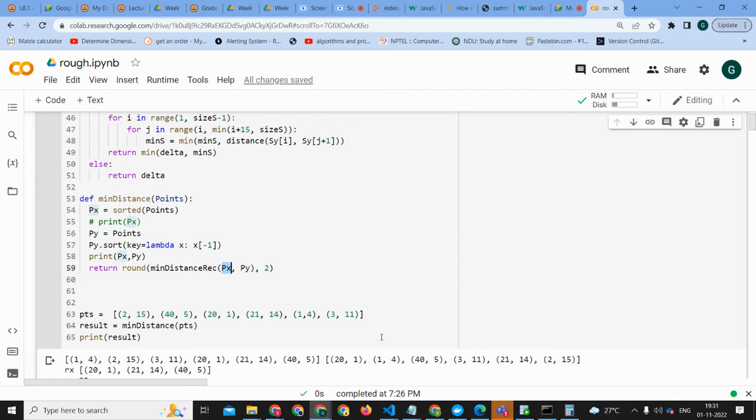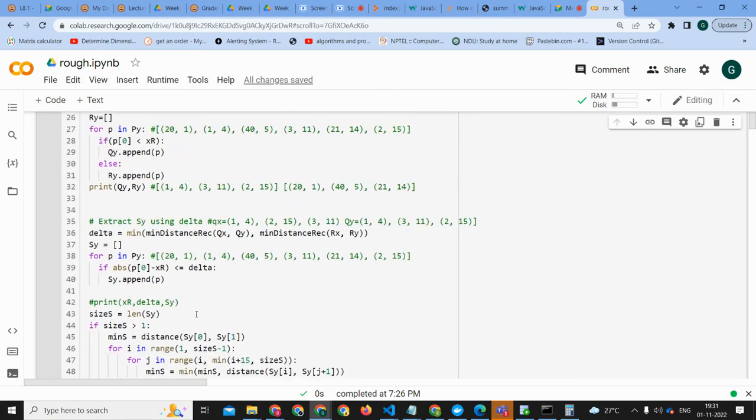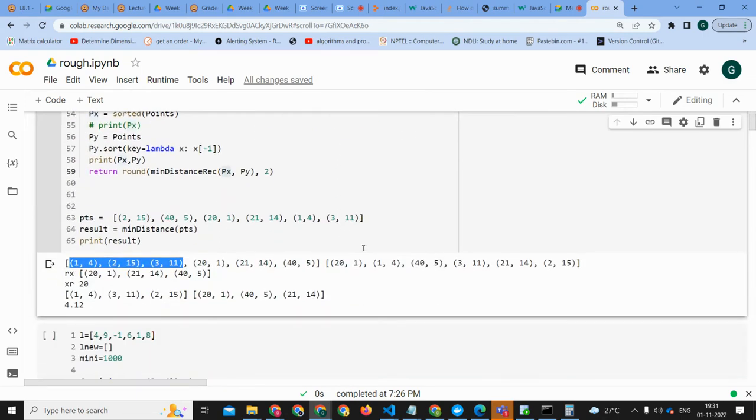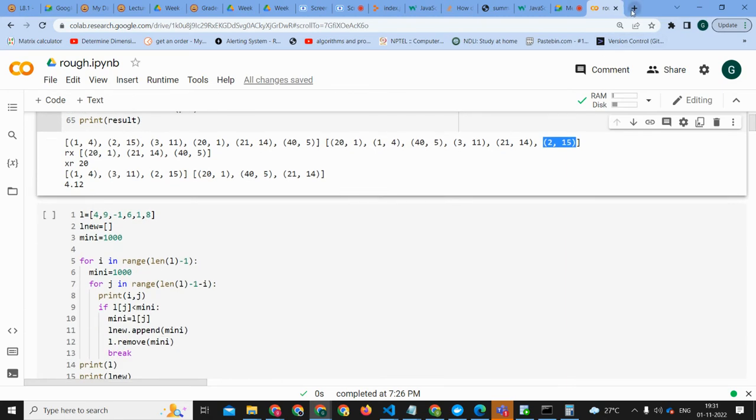So if you can see at the top, 1 comma 4, 2 comma 15, and 3 comma 11. And on the y-axis, they are taking 1 4, 3 11, and then 2 15. Let's plot this and see. What do you guys suggest?